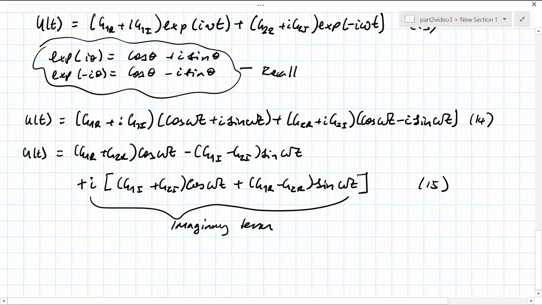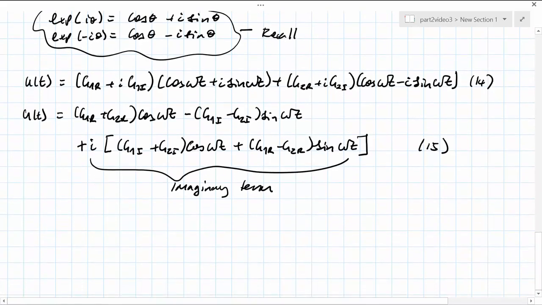We want the imaginary term in this equation to vanish, as for engineering applications we are only interested in real values. To achieve this, we make the following definitions.